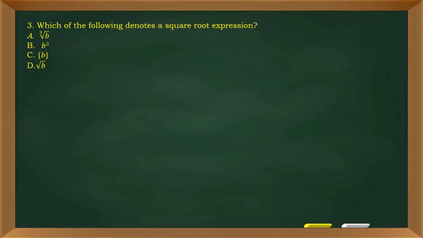Letter A is the cube root of b, so it's not a square root. Letter B is b cubed, or b to the power of 3. Letter C is a set notation indicating that b is the only element. Letter D is the square root of b. Therefore, the answer is letter D.